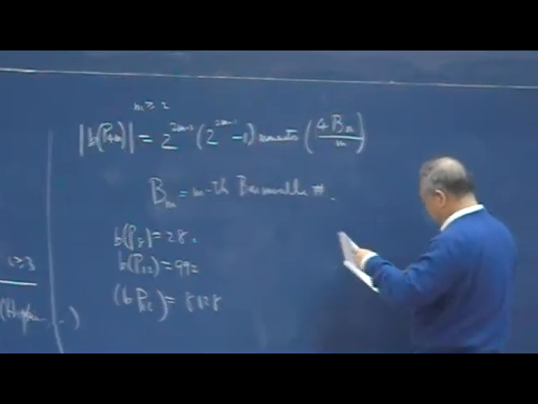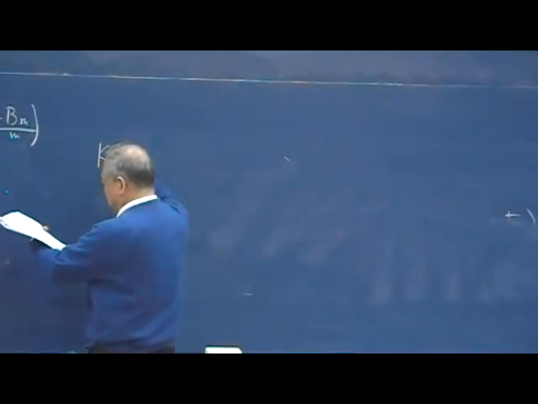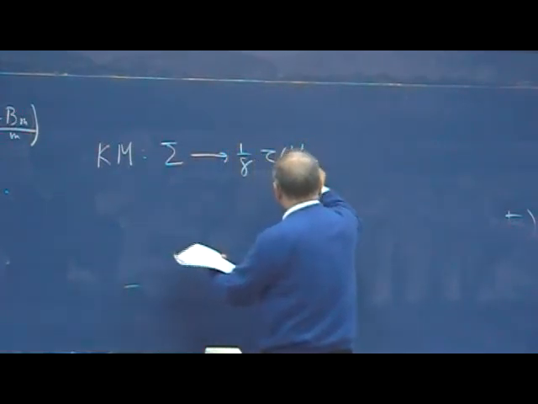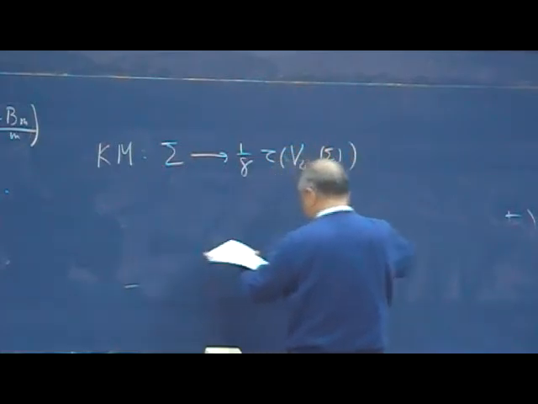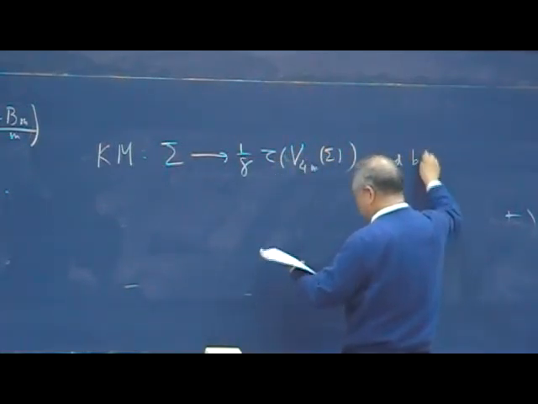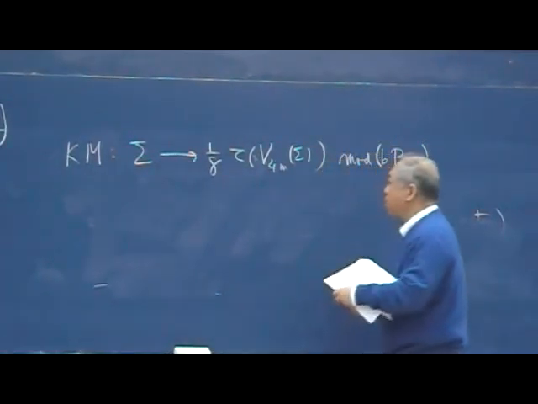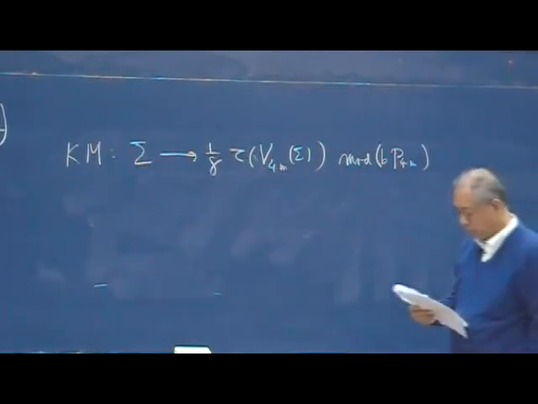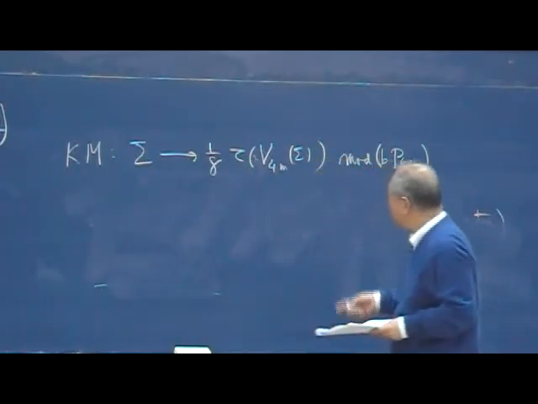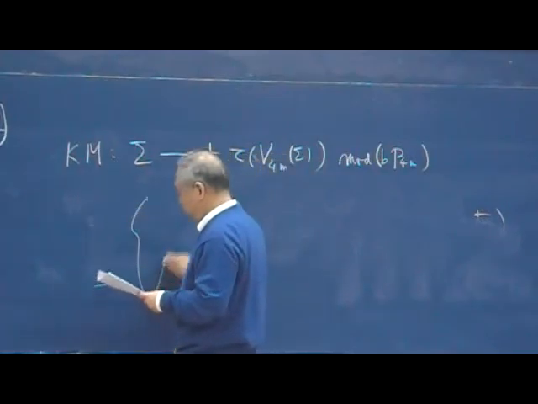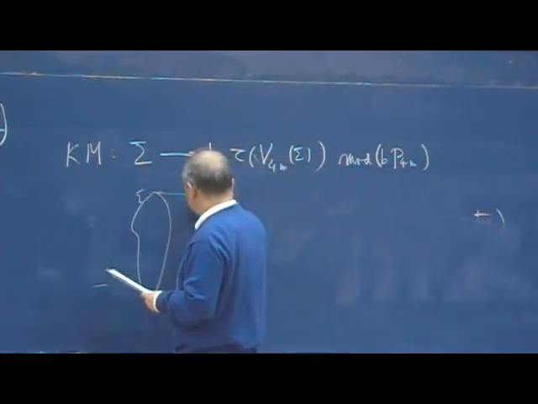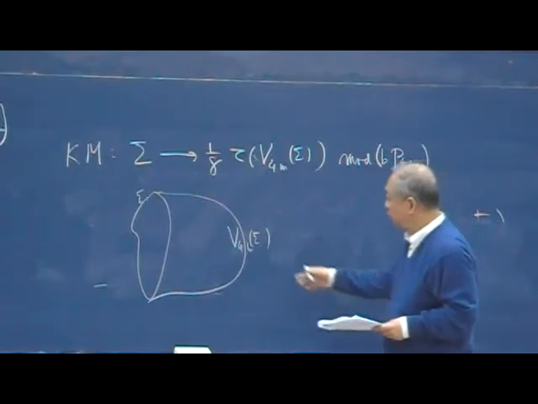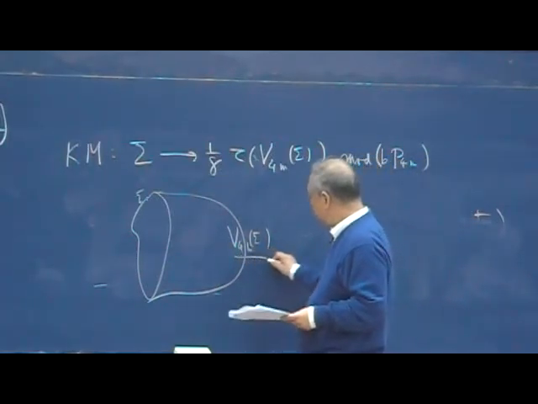So in fact, there's a map, the Kervaire-Milnor map, from sigma to 1 over 8 the index of V4m sigma, into bP4m. So, sigma is an exotic sphere, and you take a boundary, you write V4m sigma, which is parallelizable, the tangent bundle is trivial.